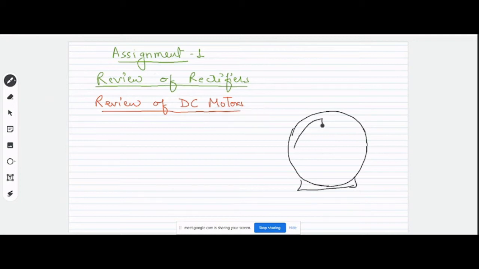Yes, sir. The stator is the static part which remains stationary, whereas the rotor is the rotating part. We call it a stator.